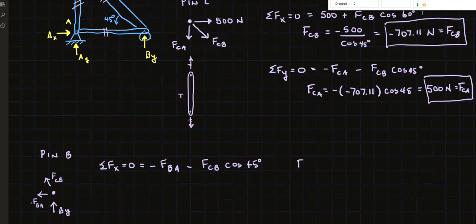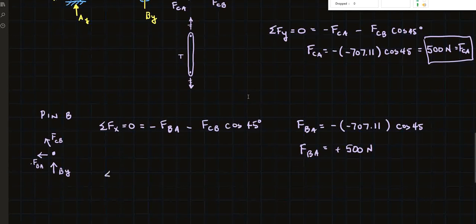So the force of BA equals minus, so I'm going to take the force of CB, which is minus 707, got to take it with the sign, times the cosine of 45. Force of BA equals positive, negative times negative is positive, positive 500 newtons. So that is drawn in the right direction.